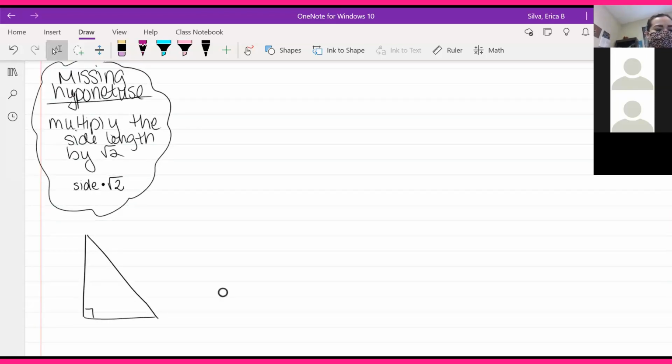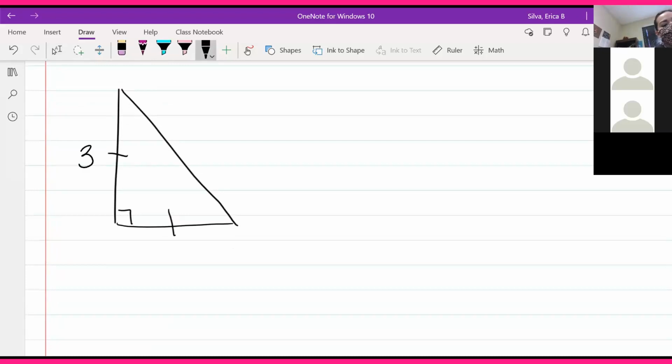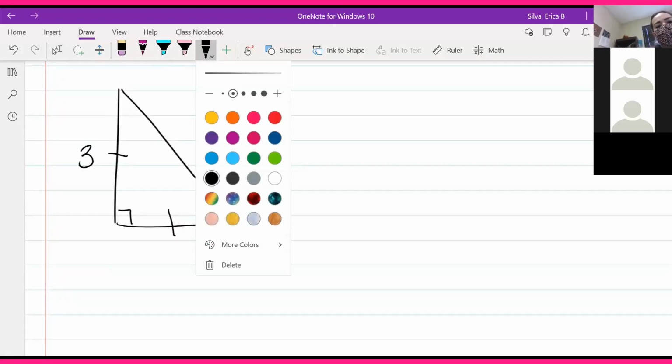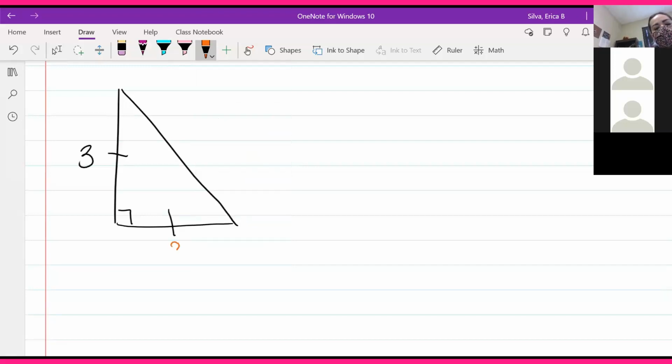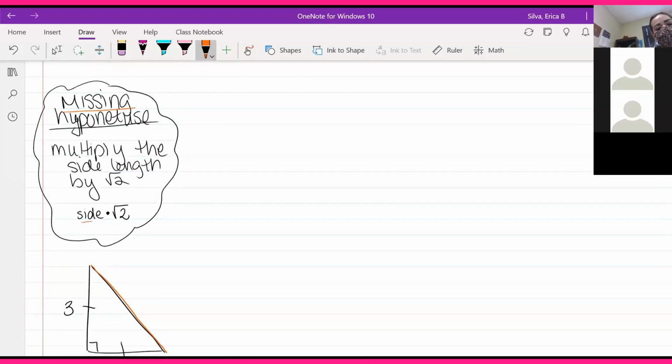All right, so if we have an isosceles right triangle, and let's just say this side length is 3, what do we know about the other side length? 3. And what do we know about my hypotenuse? If we're missing our hypotenuse, what do we have to do to the side length?